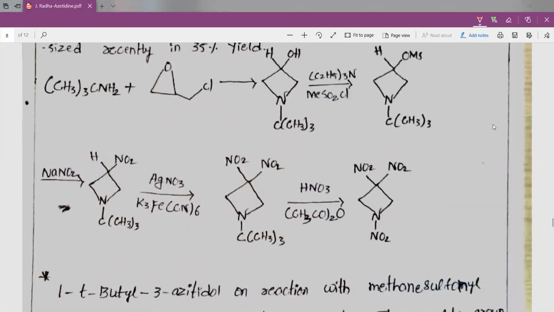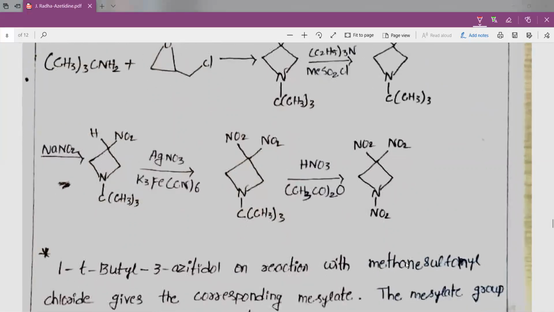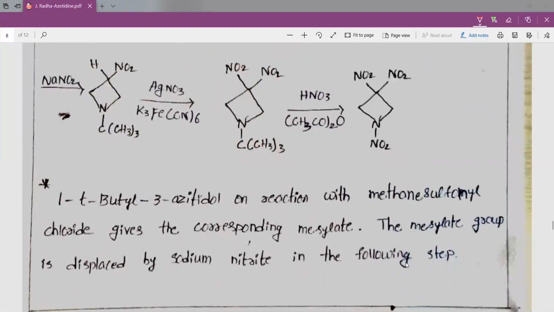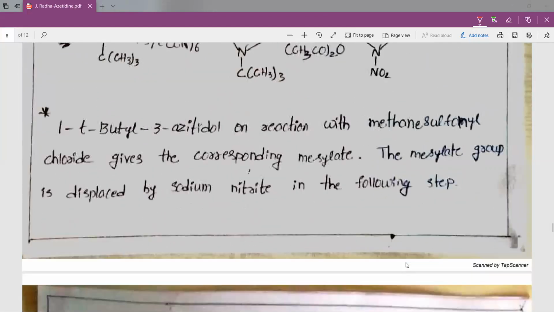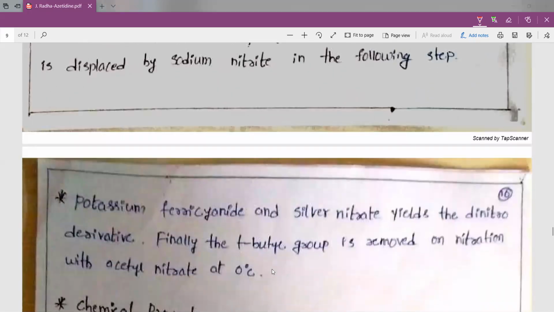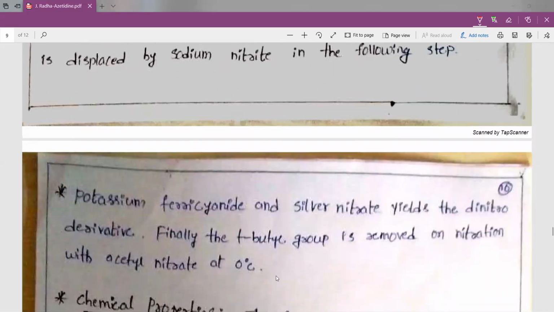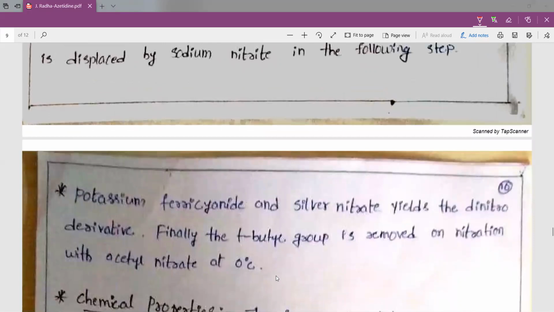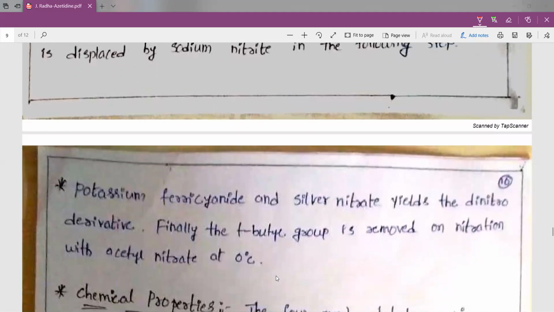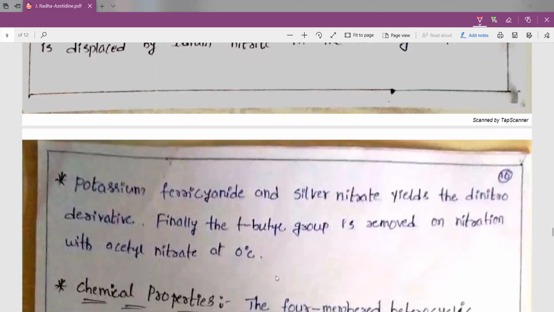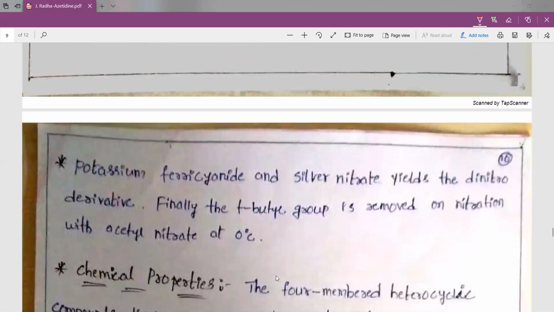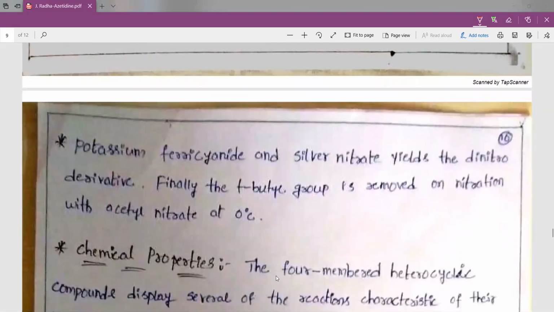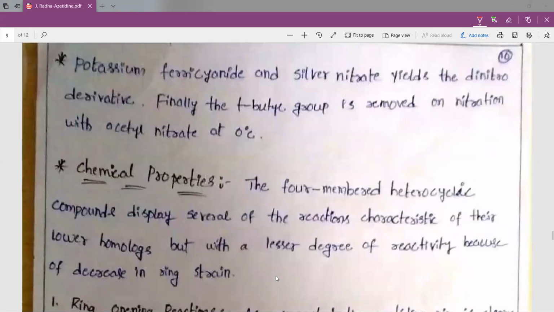The description of this mechanism is given here. These are some of the methods of preparing azetidines. Here we can concentrate only on the methods of synthesis of simple azetidines. You have to learn 2 or 3 methods of synthesis of simple azetidines. The azetidine derivative examples are not required. It is additional information.